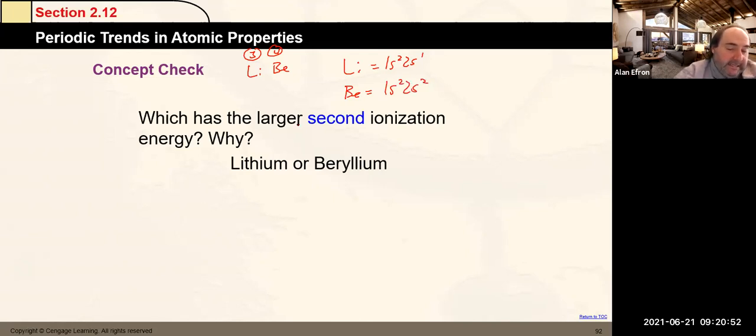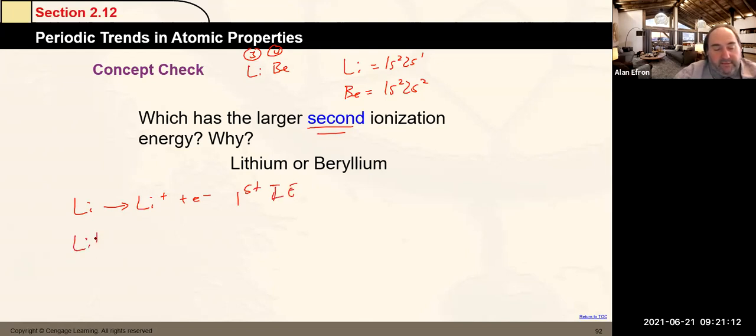The second ionization energy would be the energy associated with losing 2 electrons. Lithium would lose the first electron, which is our first ionization energy.